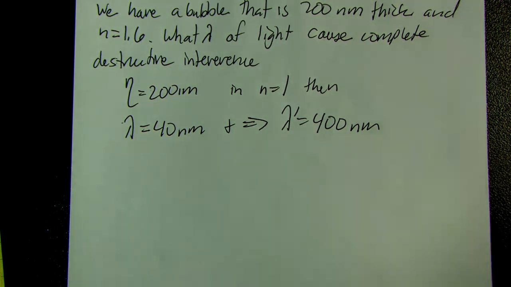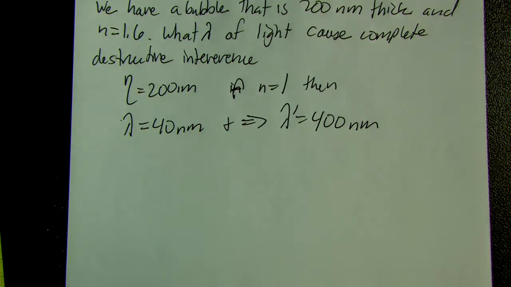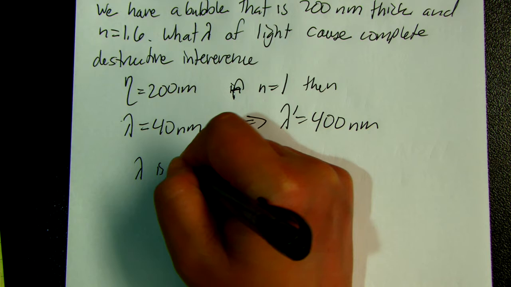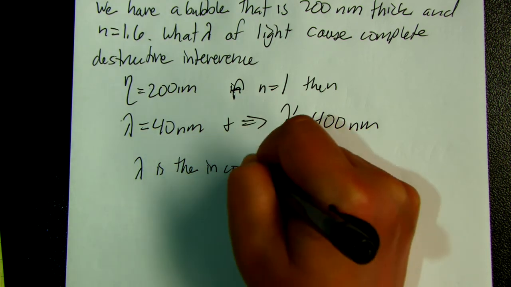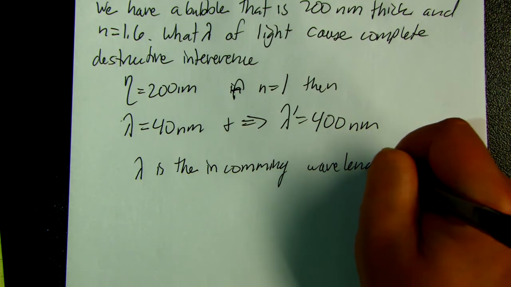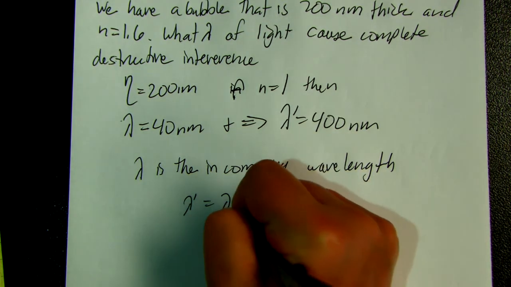But we know that the index of refraction, let me change that to an eta, not an n, is not 1. So lambda is the incoming wavelength, and lambda prime is equal to lambda over n.